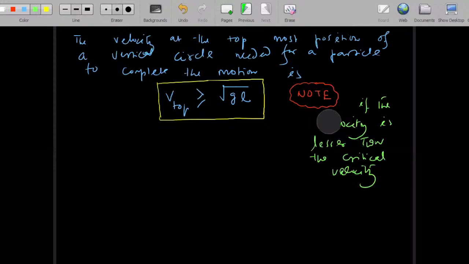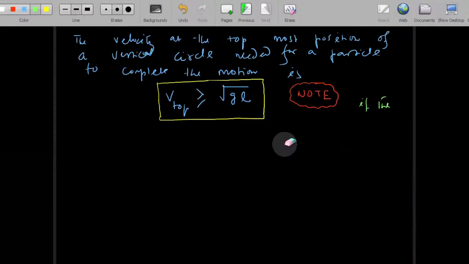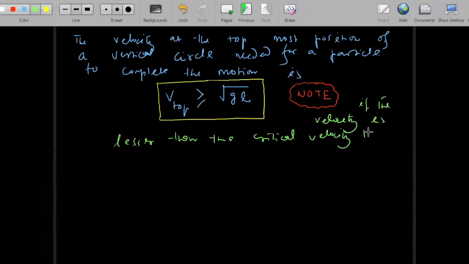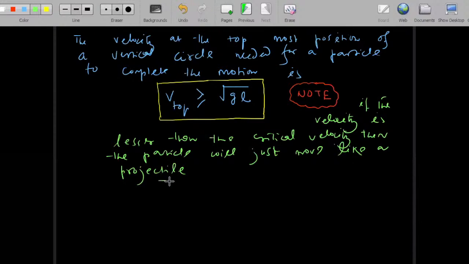If the velocity is lesser than the critical velocity, then the particle will just move like a projectile. Okay?